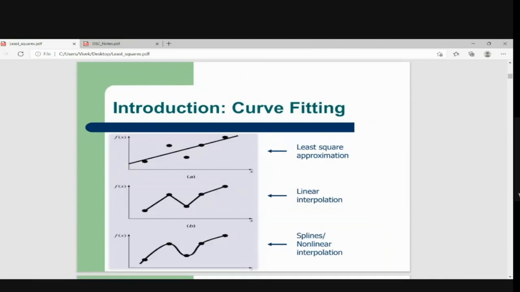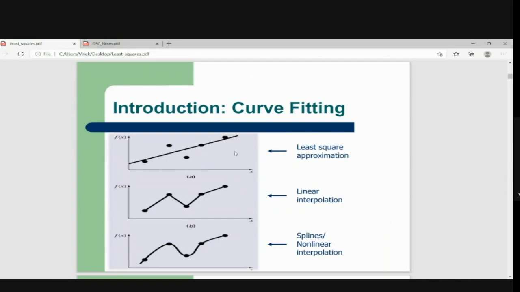Suppose we have the data points, and these data points are spread over the graph. In the first one, we are trying to approximate a curve that is passing through all of these points.